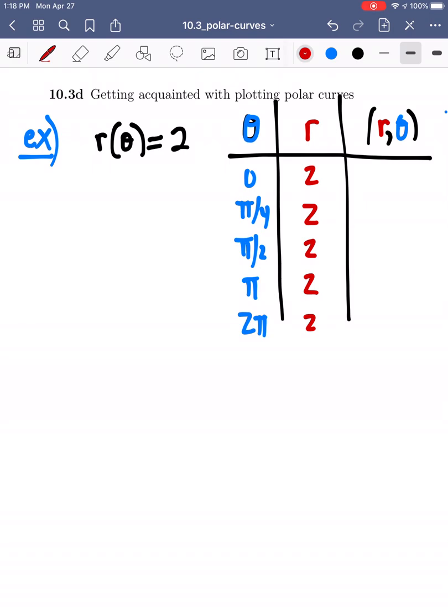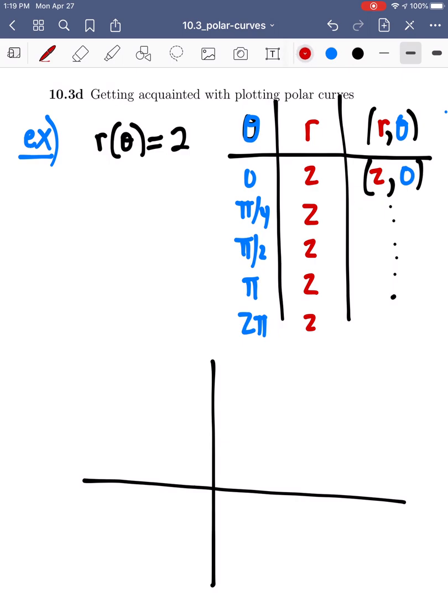So let's just go through this process. If we're going to plot this particular curve, we plot it on the xy plane, because that's where polar curves live. And we're told, well, at an angle of 0, which means we're right along the x-axis, we're a distance 2 away.